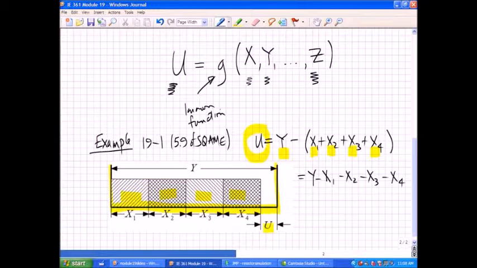And the point is that this is a linear function of the inputs x1, x2, x3, x4, and y.